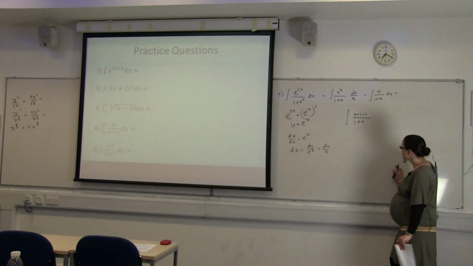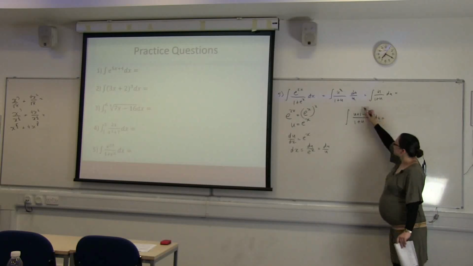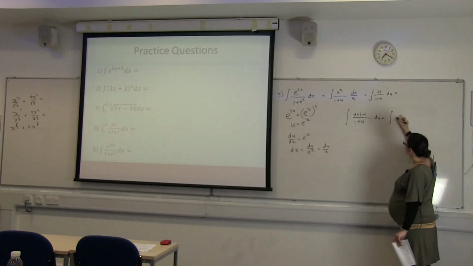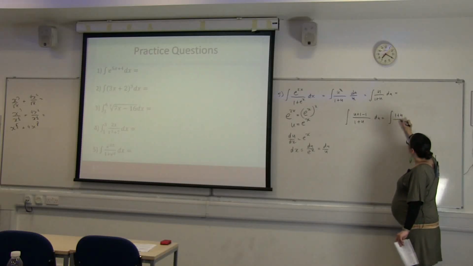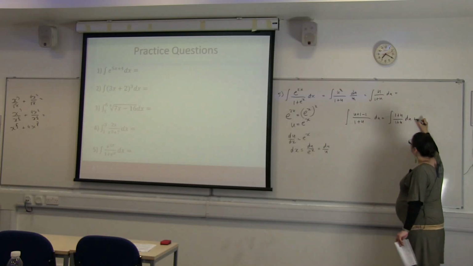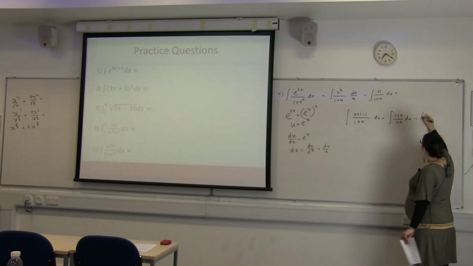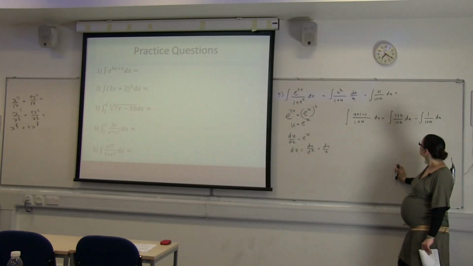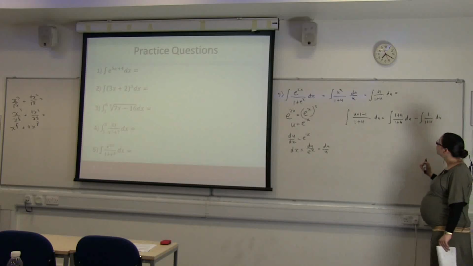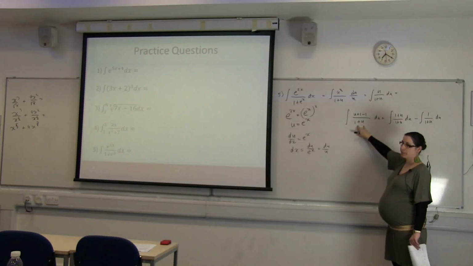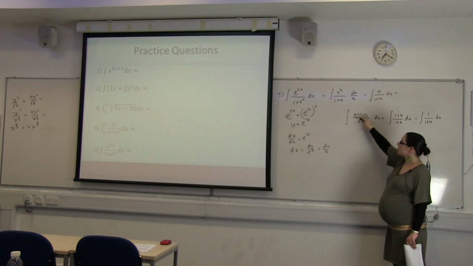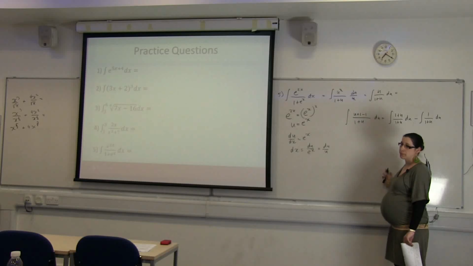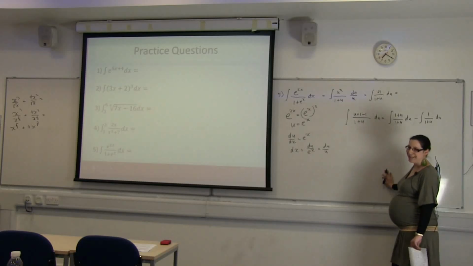But it's good for me, because then I can break this into two parts: integral of 1 plus u over 1 plus u du, minus integral of 1 over 1 plus u du. Can't you just split it out? Can't you just say u over 1 plus u over u? No, you can't do it to the denominator. You can't split the denominator into two. You can only split the numerator. Unfortunately, that would be easier.